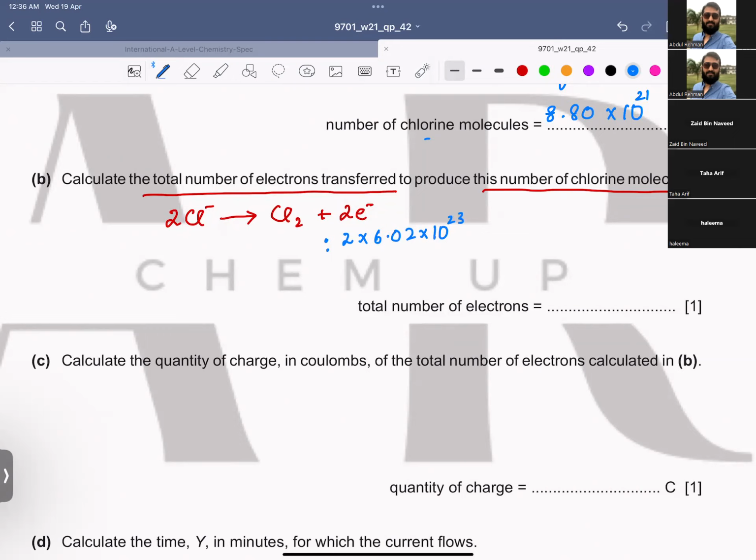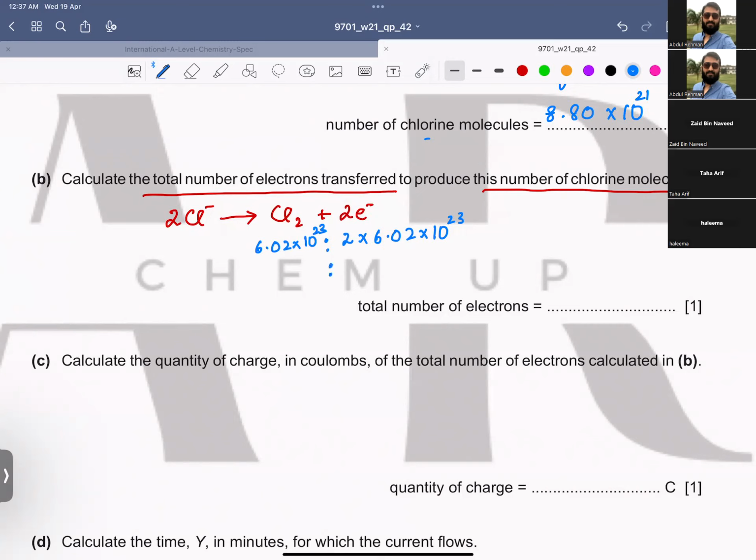And for that, the number of chlorine molecules must be 6.02 exponent 23.